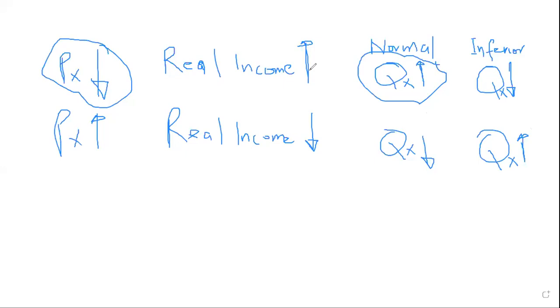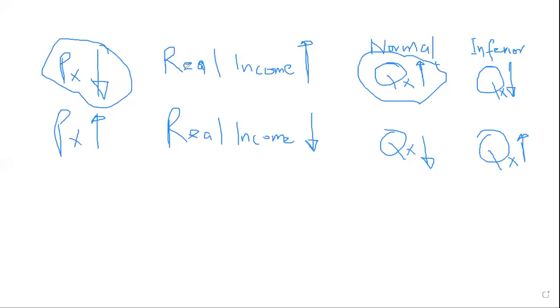In some textbooks, income effect is analyzed from the perspective of the change in the real income. If that is the case, then we have the opposite of what I've just said in terms of relationship.